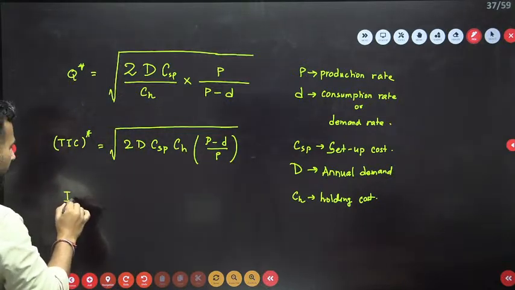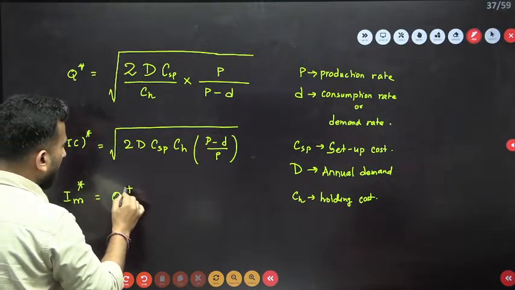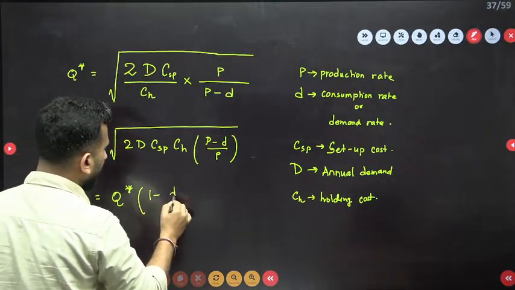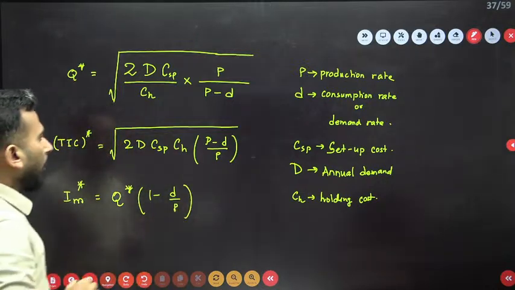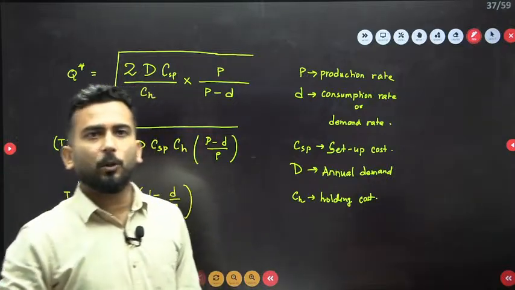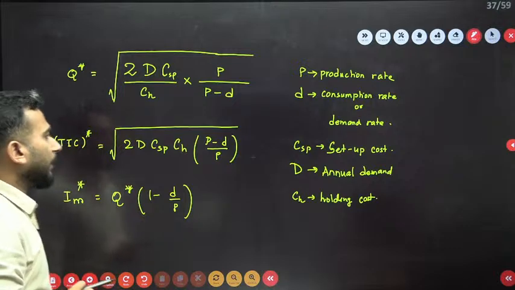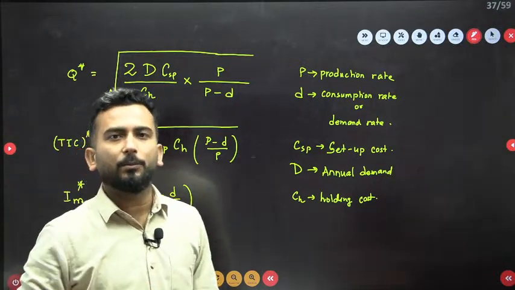And maximum inventory, if someone asks you, can be Q star into (1 minus D by P). So these are the three formulas and concepts that you must remember as far as any production consumption model is concerned. These are the three most important models in deterministic models, right?